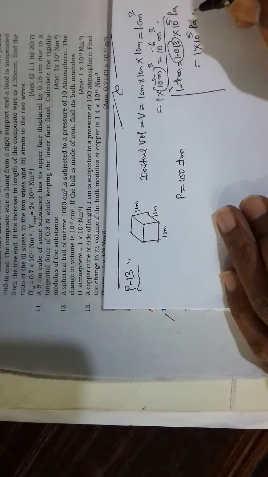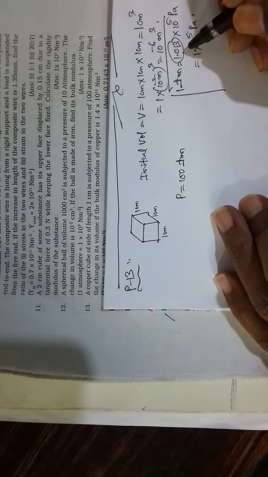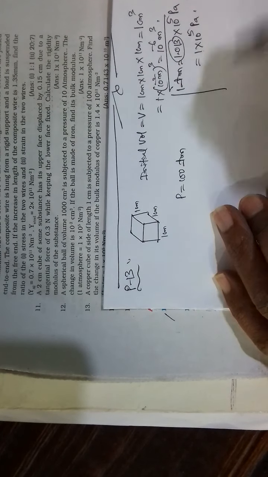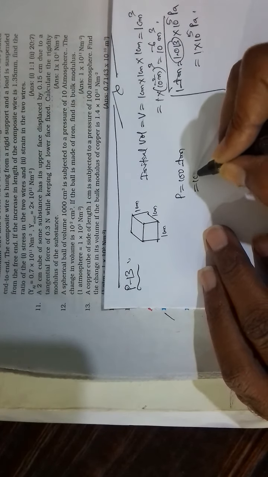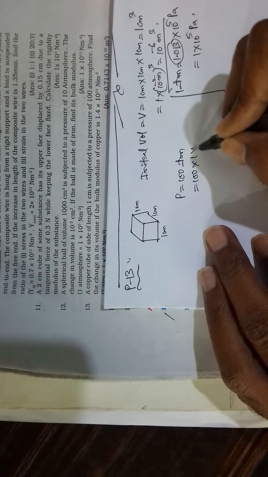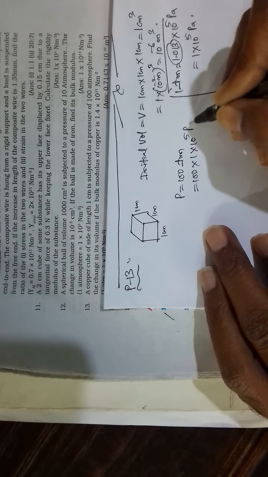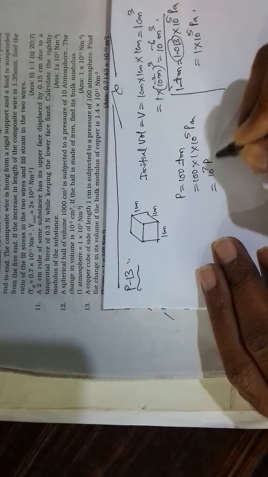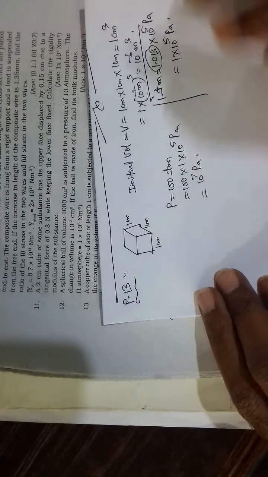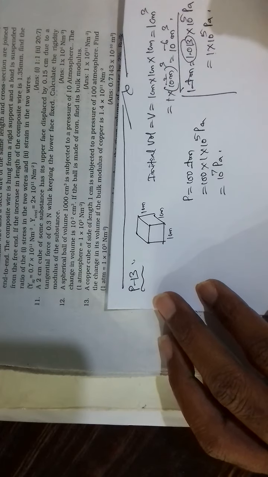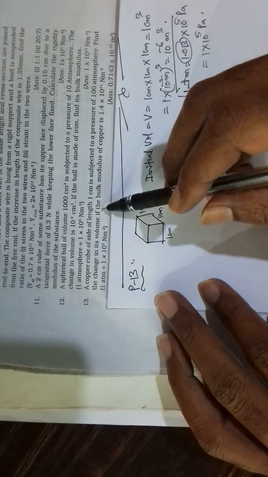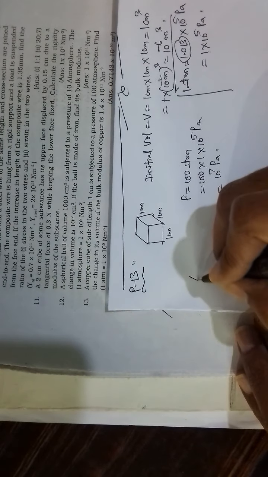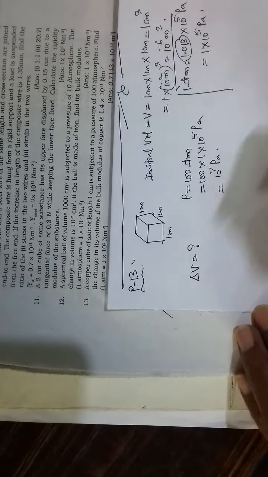While doing problems, we don't take this much accurate value, just take 1. So 100 into 1 into 10 to the power of 5 pascals. So that is 10 power 7 pascals pressure. And further, what is given here? Find the change in its volume. Change in volume is asked. Change in volume, how much?